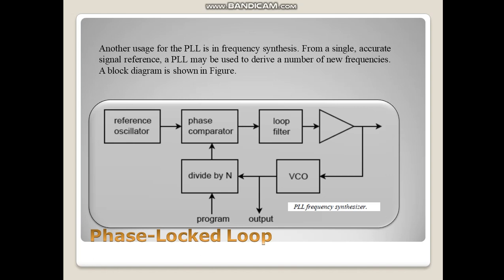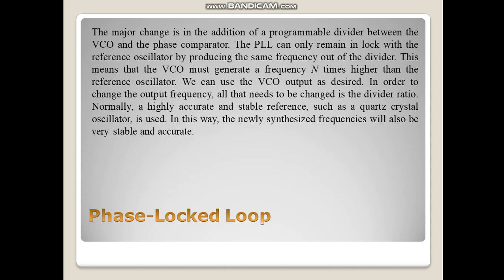The signals are given back to the phase comparator, and again the cycle continues. The block from phase comparator to loop filter to VCO and divide by n program. So in this way we get n number of different frequencies in the output. So we may use this as a PLL frequency synthesizer.